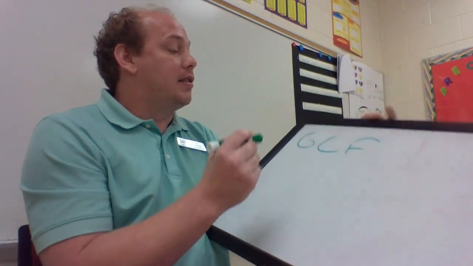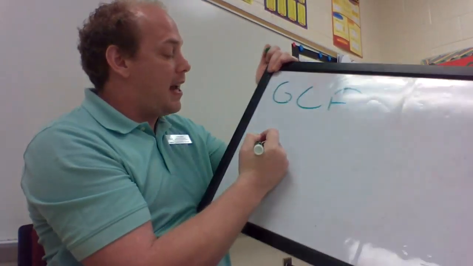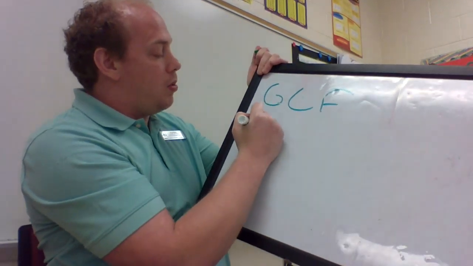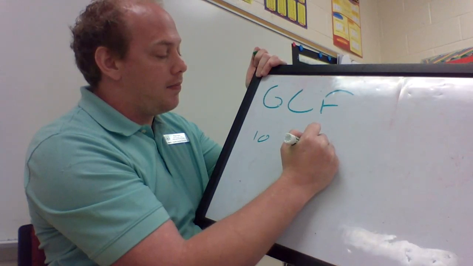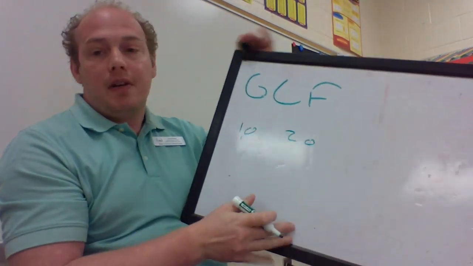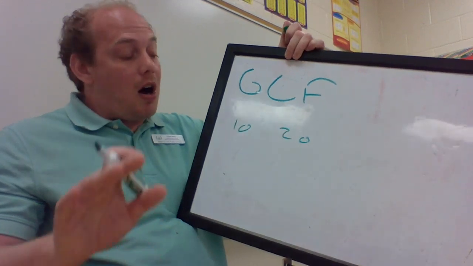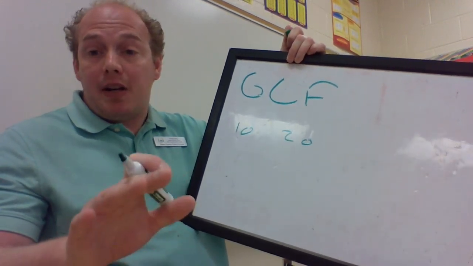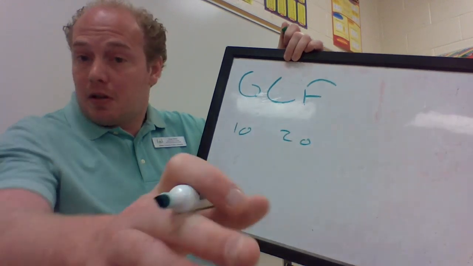All right, so when we find the GCF of two numbers, say 10 and 20. Now, for my 5th graders that have done this, all even numbers have one number in common, and that number is 2.